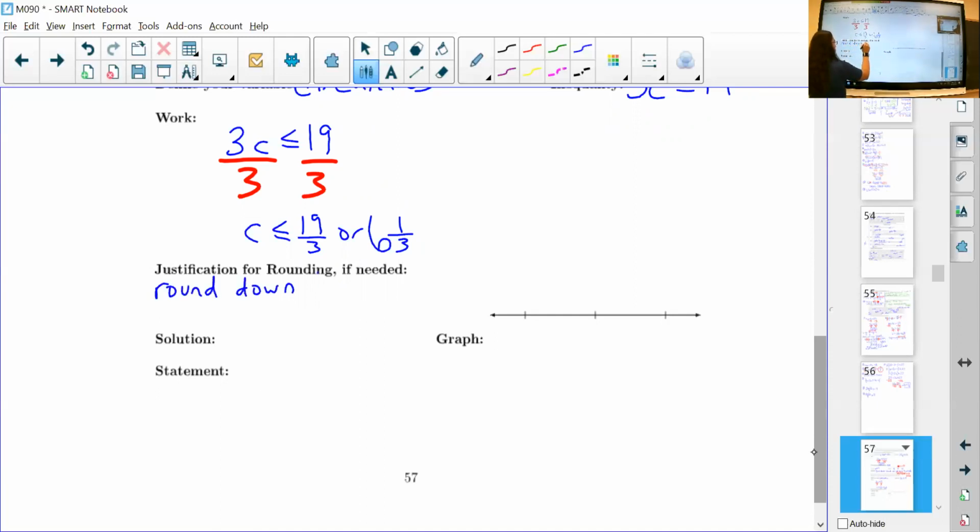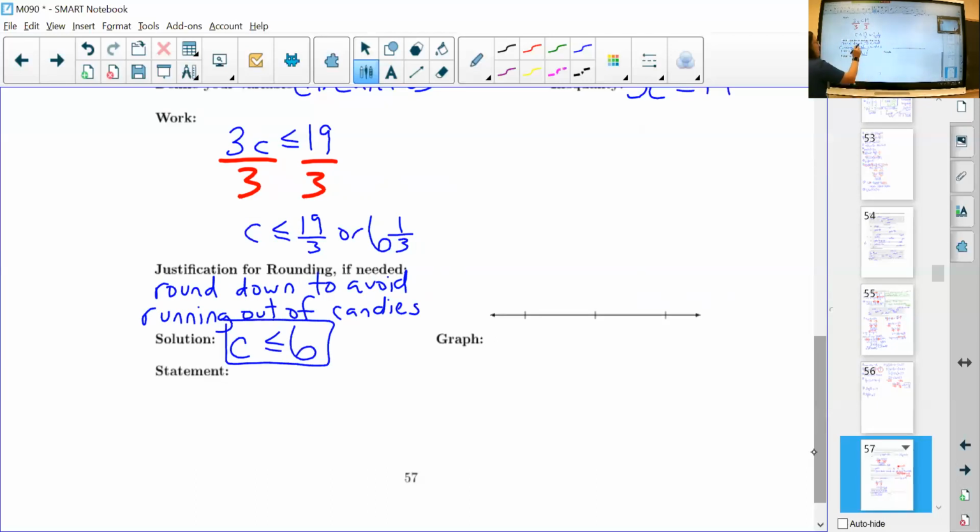Round down to avoid running out of candies. So my solution is now C is less than or equal to 6. My final solution is not the 6 1/3. My final solution has been rounded to 6. And similarly, I'm going to put my dot at the 6, not the 6 1/3.